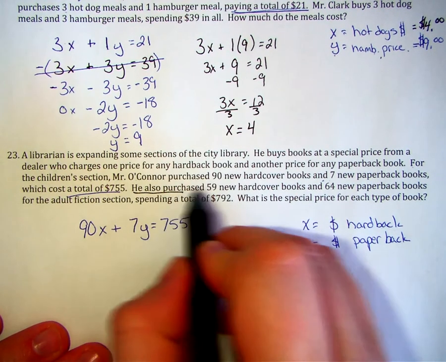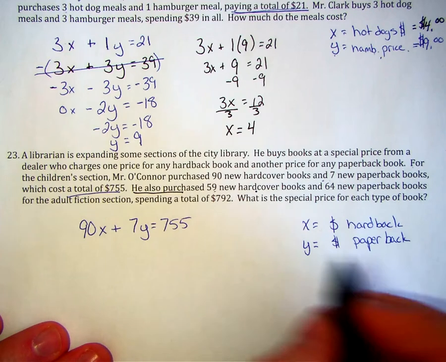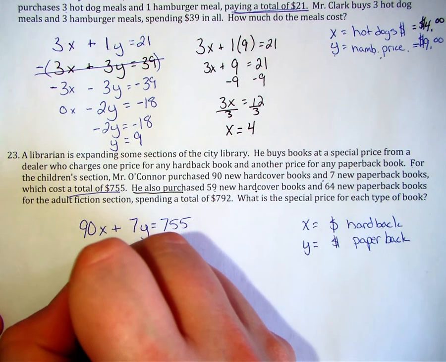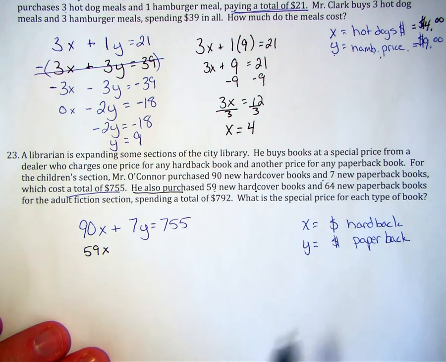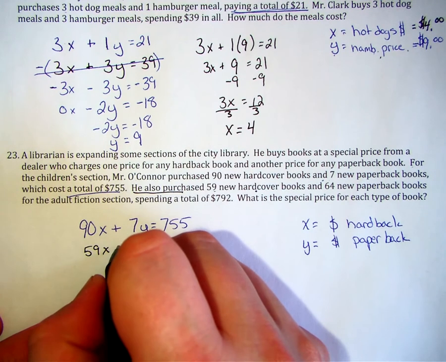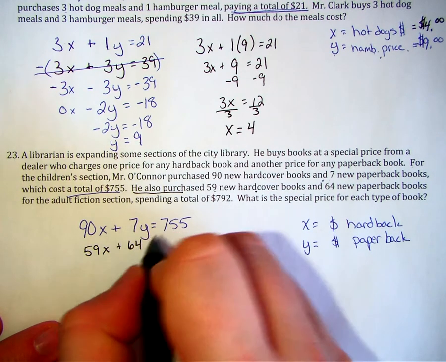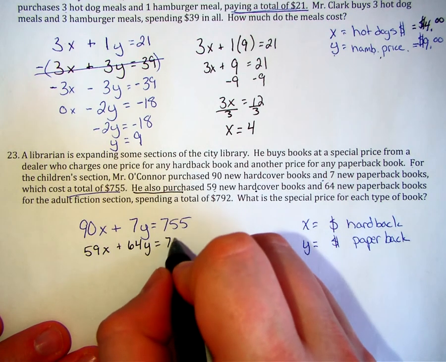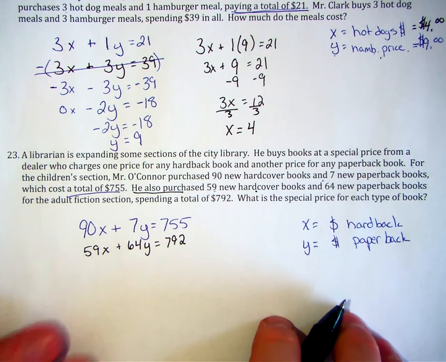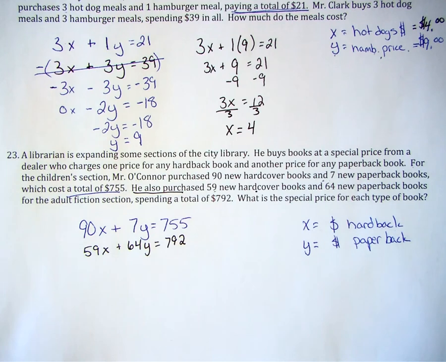He also purchased 59 new hardcover books and 64 new paper books. And on that purchase, spent $792. Now, hopefully you can see the dilemma that we're running into here.